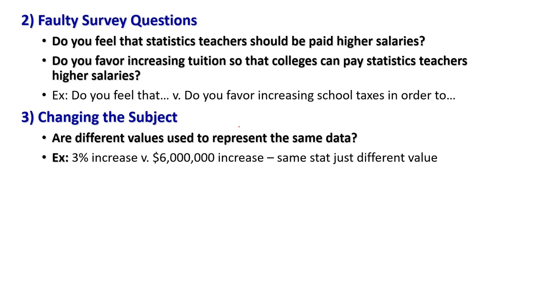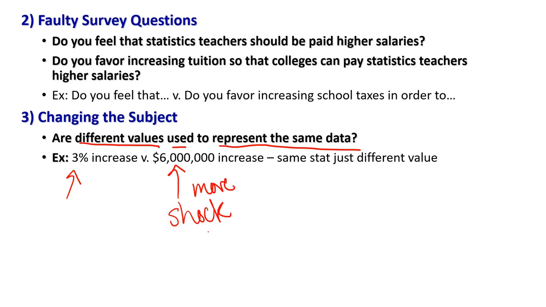Changing the subject is what I like to call this one, where different values are used to represent the same data. Saying a 3% increase versus a $6 million increase, it's the same statistic, but you're just saying it in a different way so that it can have more of a shock factor, or less of a shock factor.